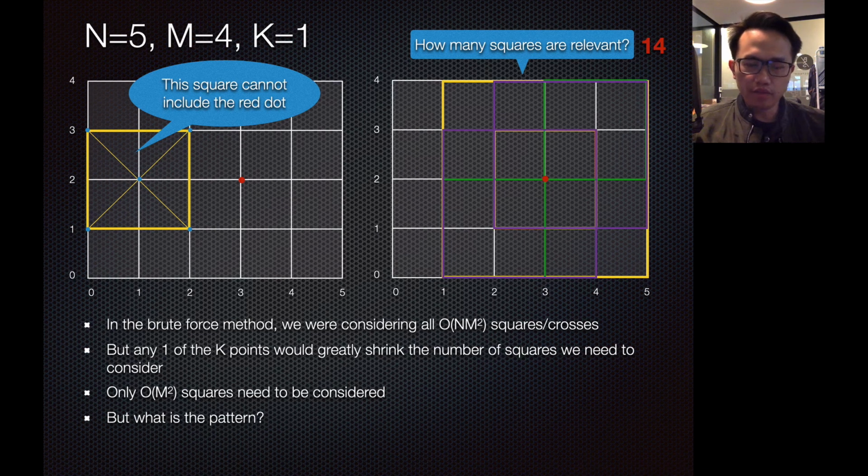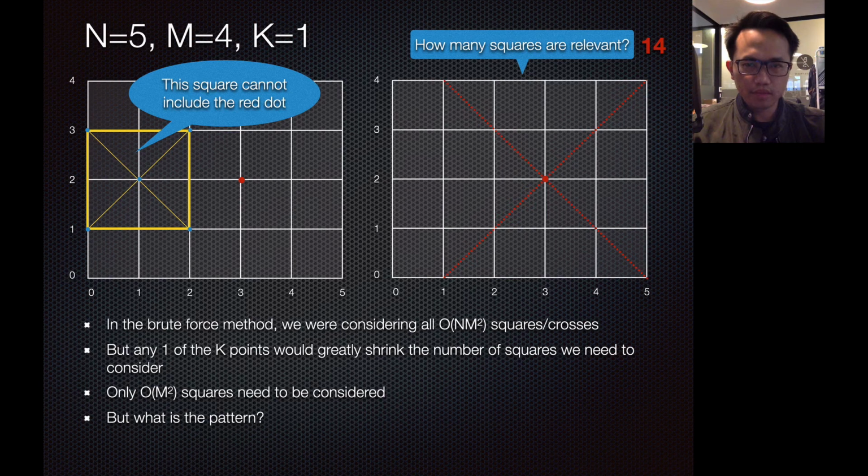It turns out that if you take that into account, only order of m squared crosses need to be considered, instead of order of n times m squared. But what's the pattern? How do we enumerate all the squares efficiently in a simple algorithm? It turns out it's the diagonals.